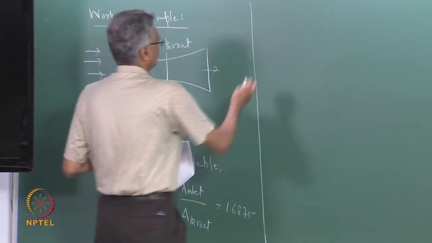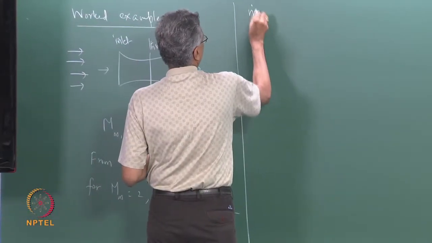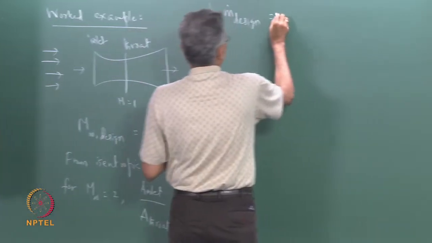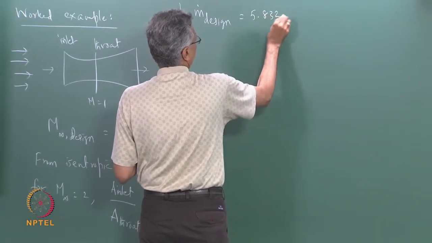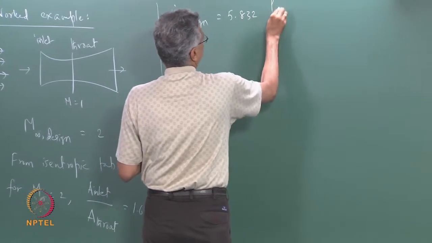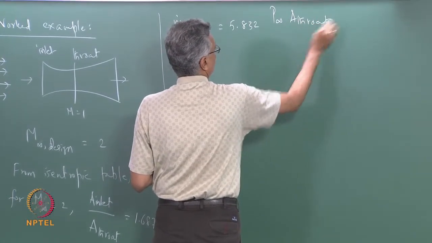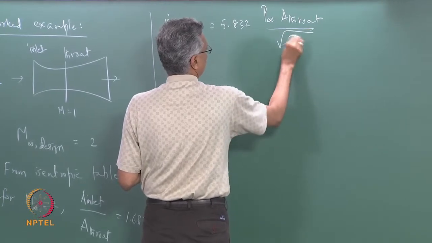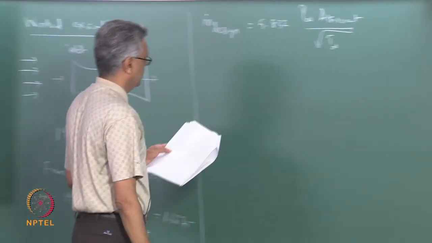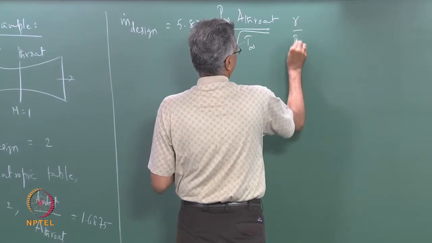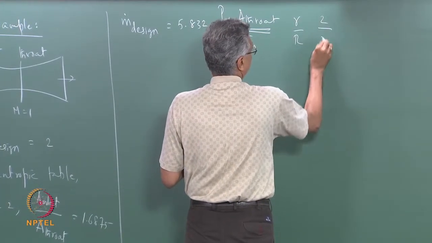And we also showed that the mass flow rate for design operating condition was 5.832 times P infinity, which is the free stream static pressure, times A throat divided by square root of T infinity, which is the free stream static temperature, and this was multiplied by the following quantity.